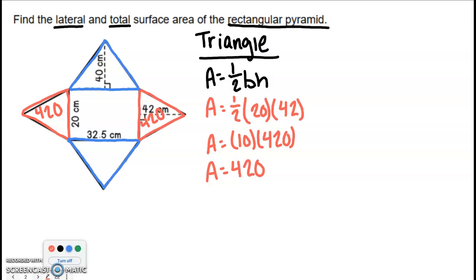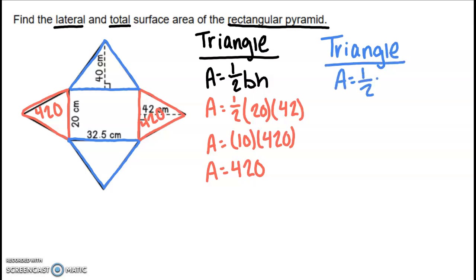Now I'm going to do the blue triangles. So again, still a triangle. The formula did not change. 1/2 base times height. So 1/2 times the base of the blue triangle is the 32.5. And that height is 40. So I'm ready to multiply.